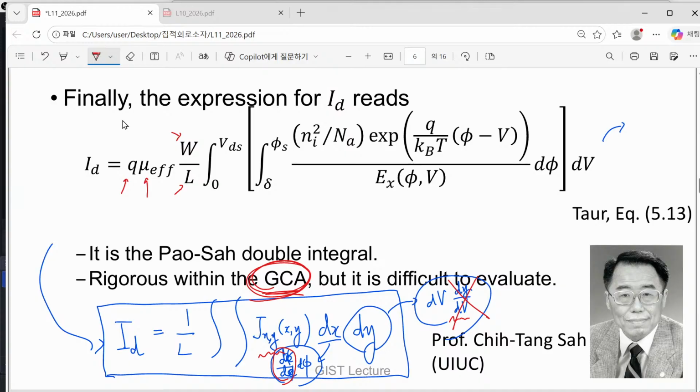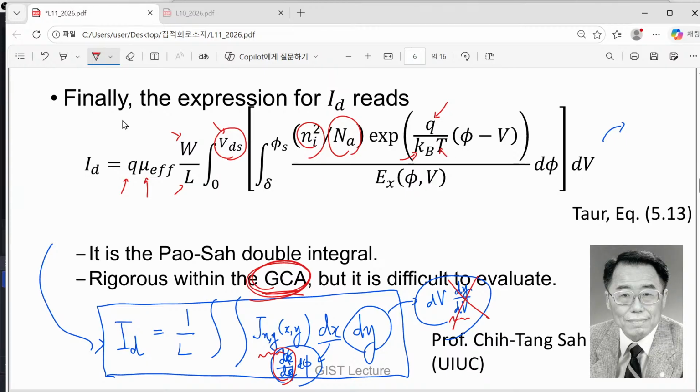VDS is our applied drain voltage, so we can set it ourselves, 0 point something. ni, the intrinsic carrier density, is known. NA, the doping density of our substrate, is also known. q is a universal constant, the Boltzmann constant is also a universal constant, and the temperature is room temperature.